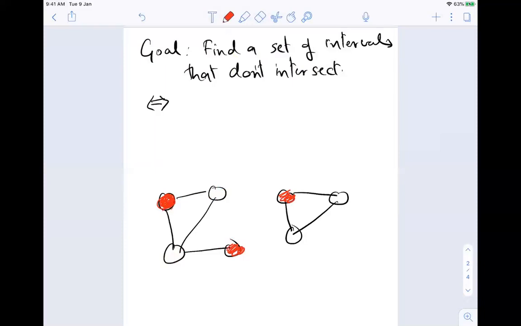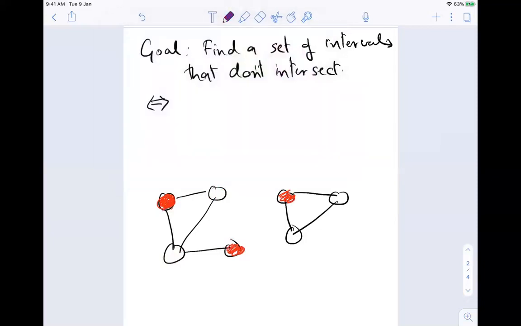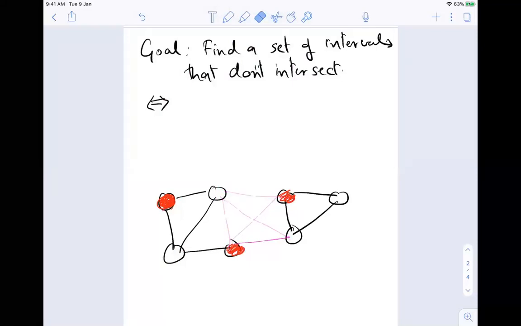So the complement of the graph. Sorry, I don't get you. The complement of the graph is completely different. The complement of the graph is the things that are not there. So if I use a different color, the complement of the graph is basically these purple edges that are not there. Maximum clique size in the complement of the graph?